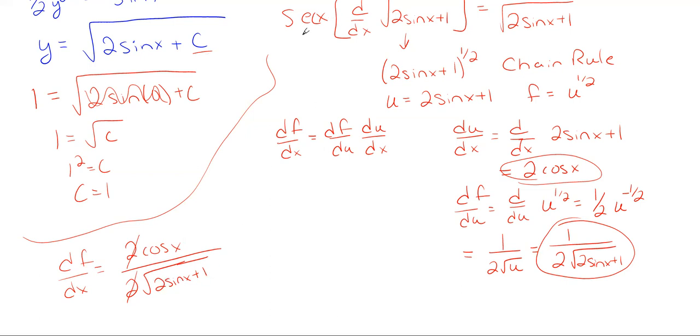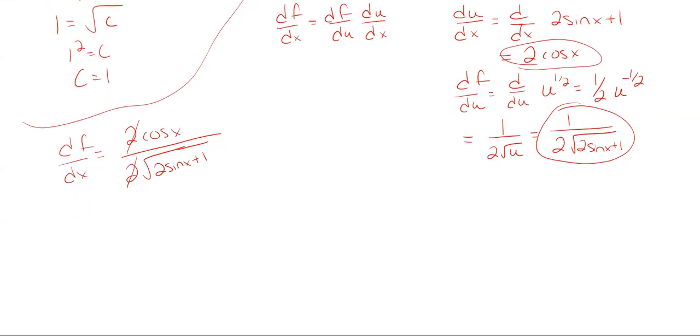Well, don't forget that we have to multiply by the secant up here. So it's going to take all of this and multiply by the secant. I'm just going to write the word thus, which basically means you're skipping a few little things here, or you don't want to rewrite something. So we're saying secant of x times the cosine of x all over the square root of 2 sine x plus 1.